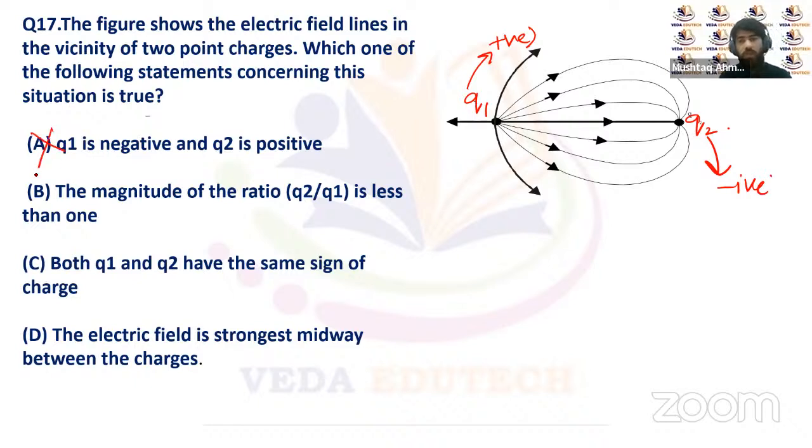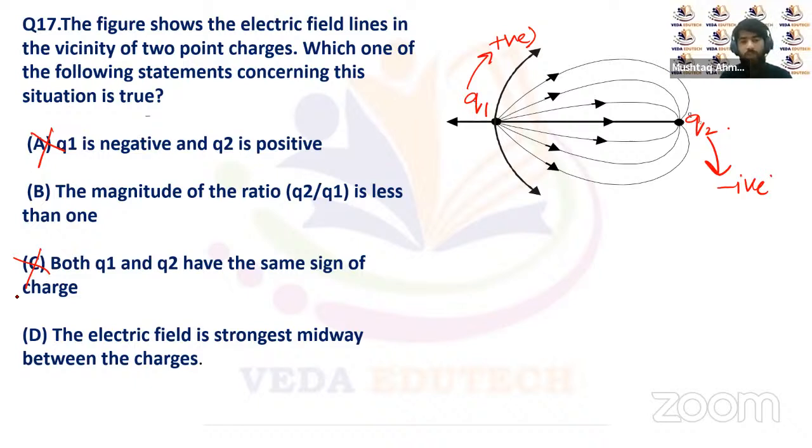Let's talk about option C. Q1 and Q2 both have the same sign of charge, but they cannot have the same sign. For the same sign of charge, the field lines will be repulsive. But the field lines are terminating on Q2 and originating from Q1, so these charges cannot be the same. So option C is also incorrect.